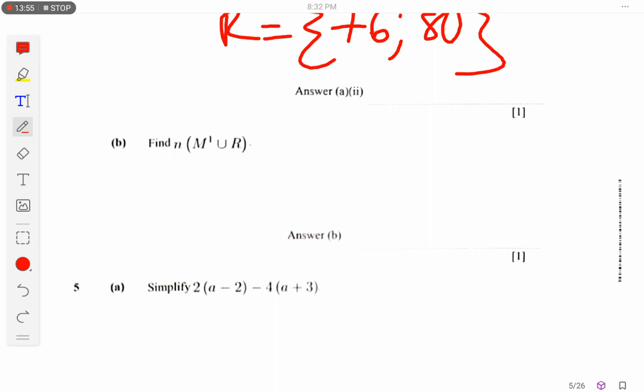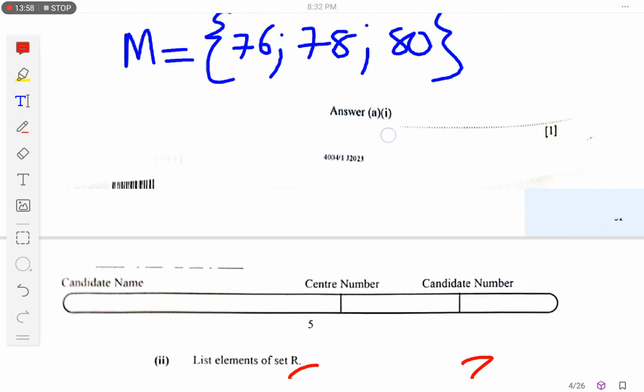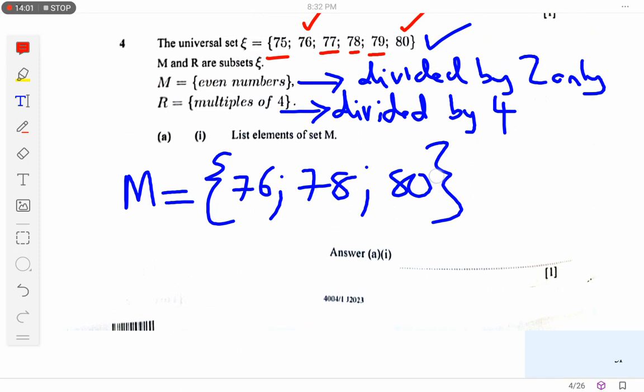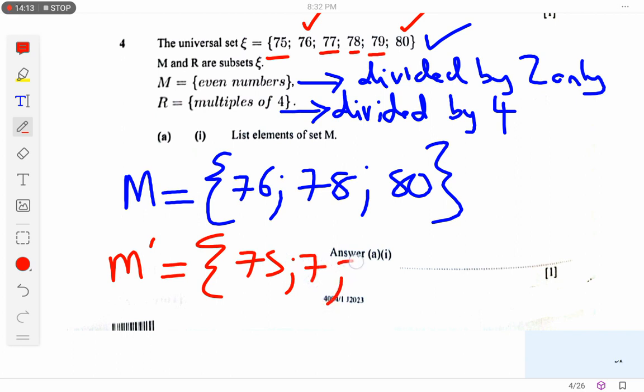We had our M, let's go to our M. Okay, so this is our M. Looking and comparing with our universal set, the elements that are not in M are equal to 75, 77, and then we also have 79. Okay, so these are the elements that are not in M.